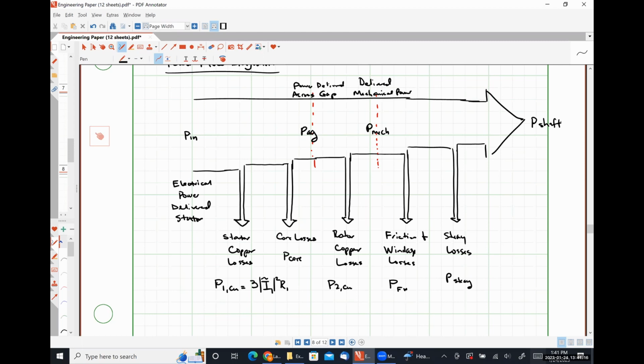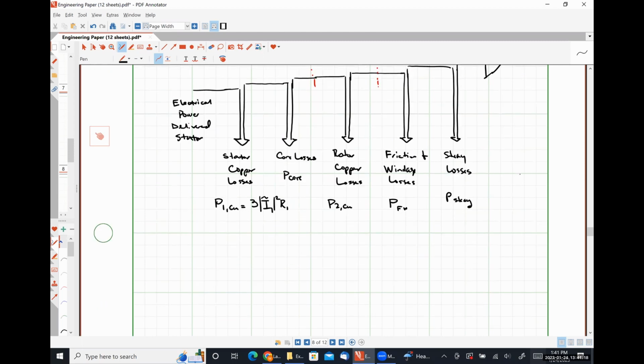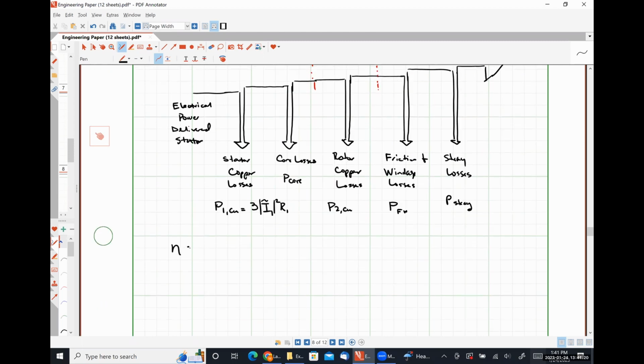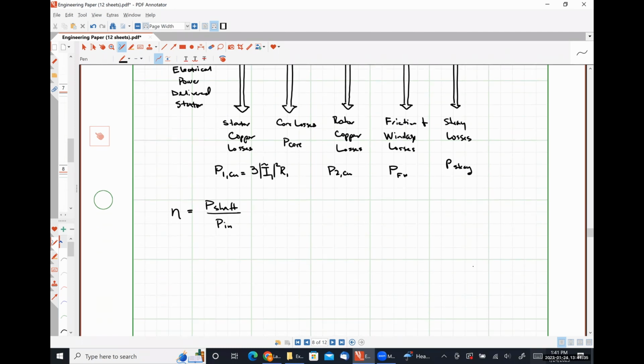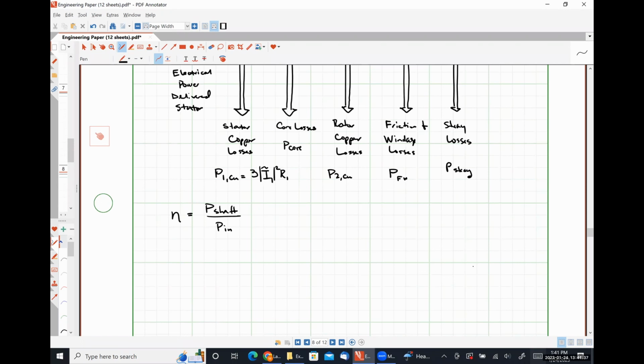So as you can probably guess, our efficiency N is simply going to be our shaft power divided by our input power.